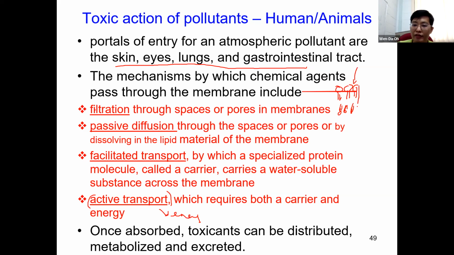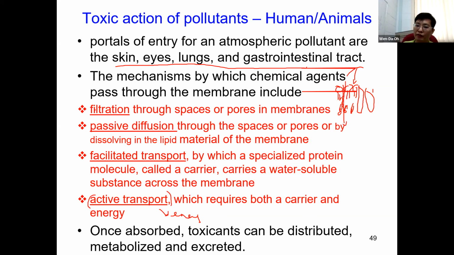So we have certain pores around it to allow transfer of solutes or molecules in and out of the cell. Sometimes we have filtration, which means certain holes in this bilayer membrane, so small molecules can penetrate through it easily.